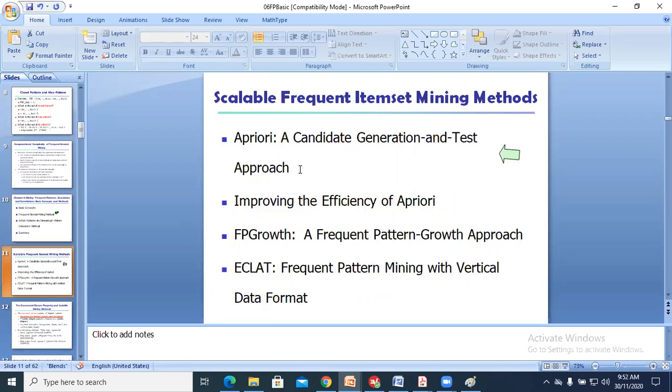There are several methods, among which in this lecture we will study Apriori, a candidate generation and test approach method. The Apriori method will be discussed in today's lecture, and in the next lectures we will also see how we can improve the efficiency of the Apriori algorithm.